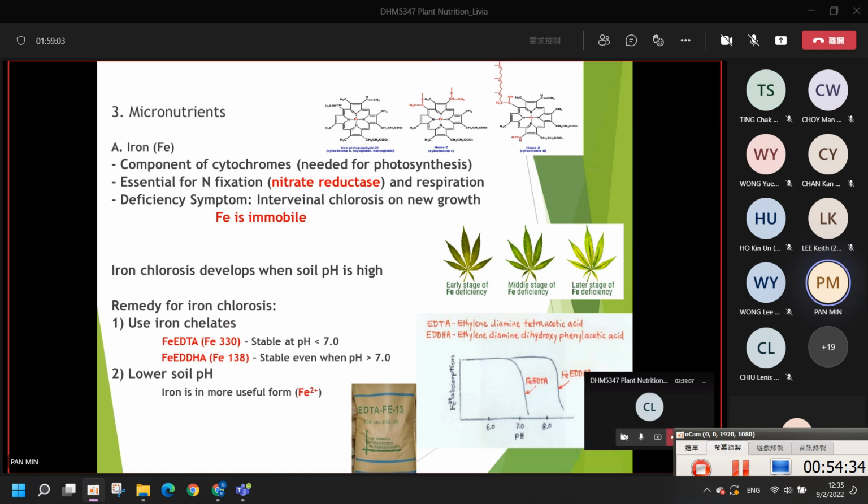So as we said, the soil pH also affects the availability of specific nutrients like iron.